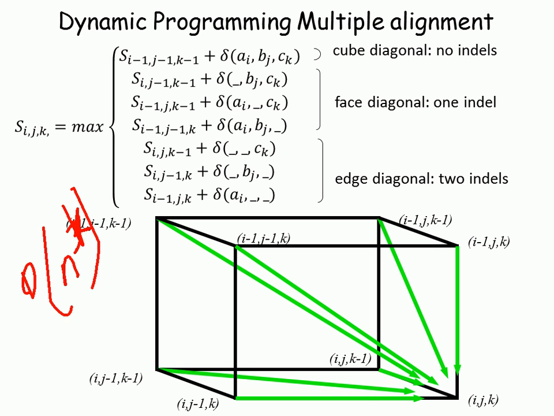So the amount of time and memory, if you are trying to generate the path also, increases exponentially with the number of sequences you have. So as you have more and more sequences to align, this becomes infeasible. You won't want to wait that long to generate the optimal alignment.